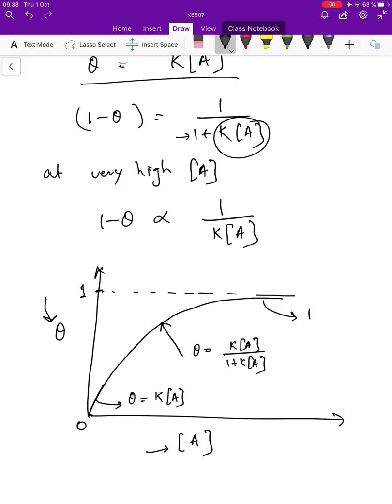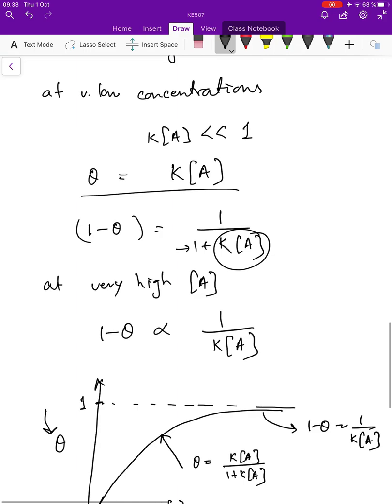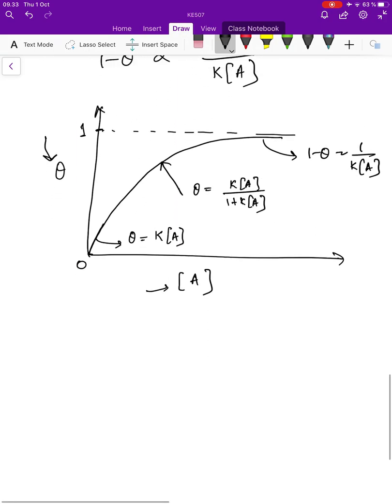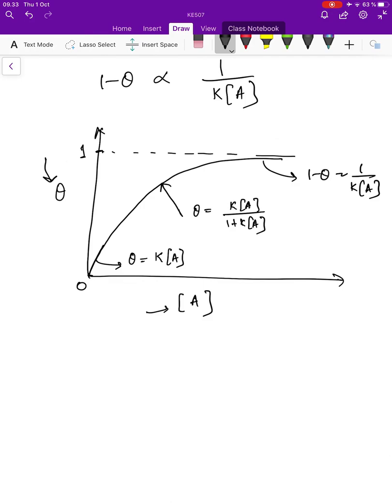And in this region, when the concentrations are very high, then 1 minus theta is approximately equal to 1 divided by K times the concentration of A. So this is what the Langmuir isotherm looks like for the simple case where an adsorbent adsorbs onto a surface which is uniform and each adsorbing site is independent from the other.